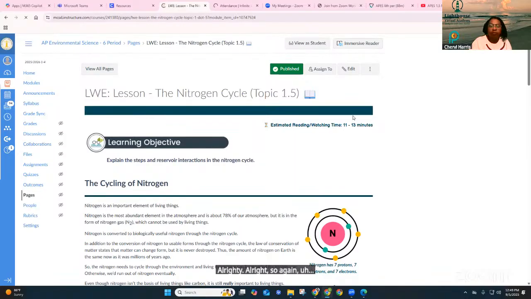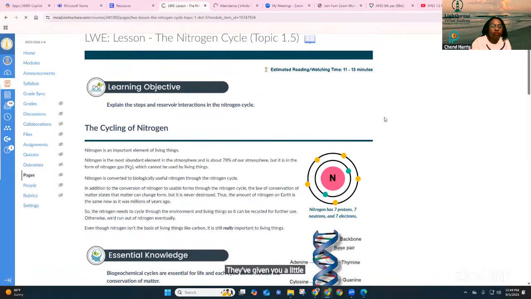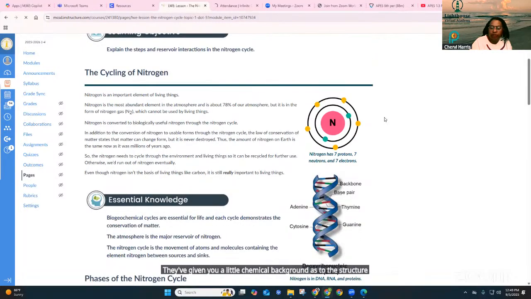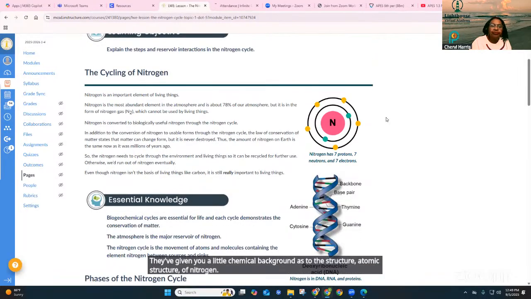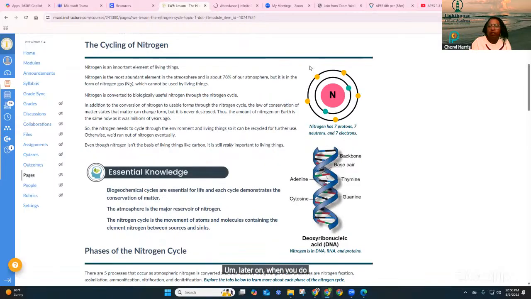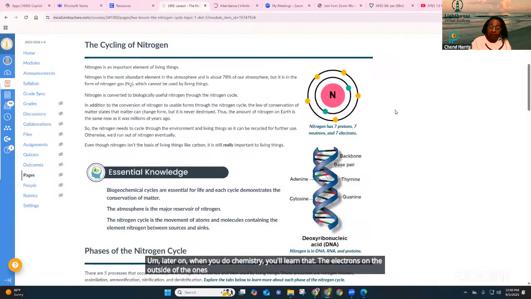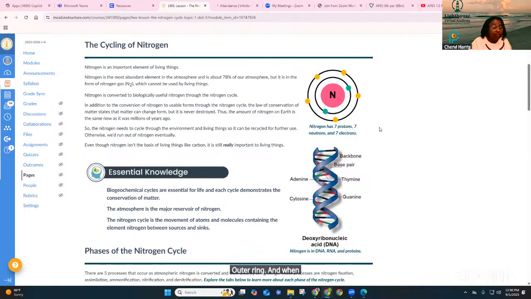they've given you a little chemical background as to the atomic structure of nitrogen. Later on, when you do chemistry, you'll learn that the electrons on the outside are the ones that share, and they share because everybody wants to have a full outer ring. And when they share, that's what causes them to be N2.